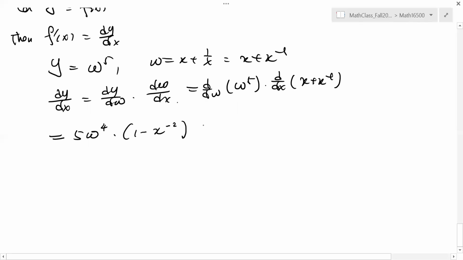W is going to be x plus x to the negative 1, to the fourth power. That would be the answer. So this is the derivative of y with respect to x that gives you f prime of x.